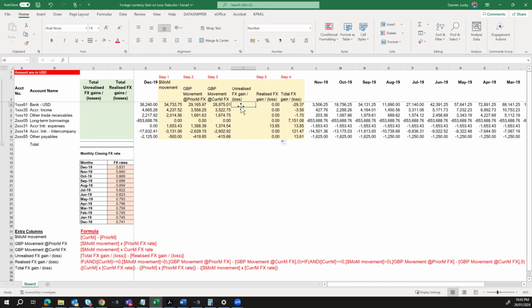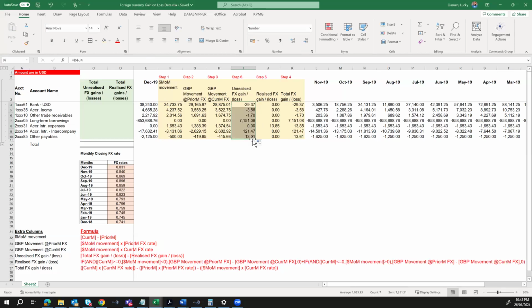So I can then say equals to, so the unrealized portion, which is step 6, is simply the difference between the total FX gain or loss minus the realized gain or loss portion. So I do equals to step 4 balance minus step 5 balance, and I'll drag down.